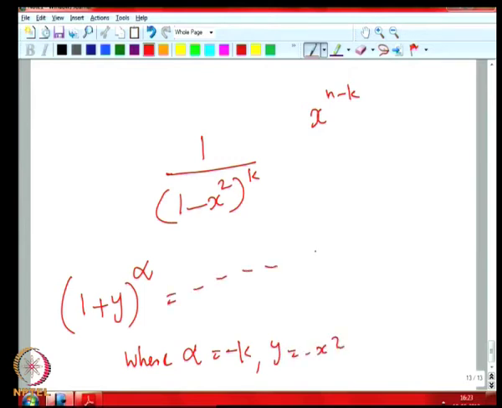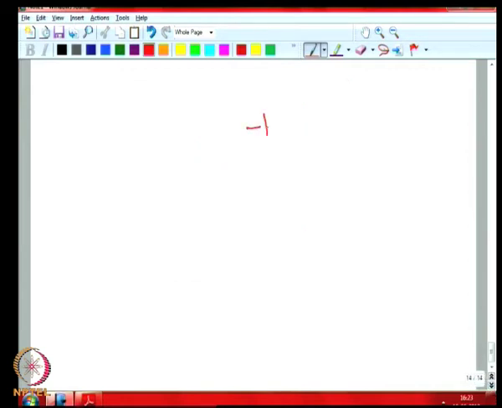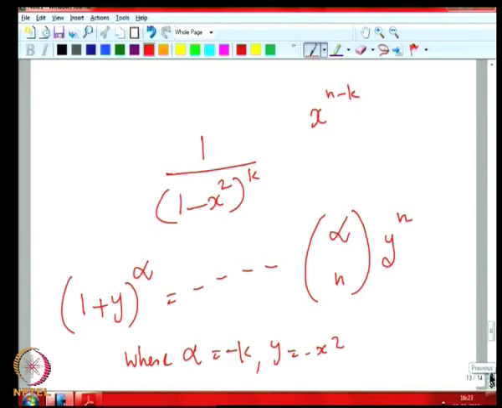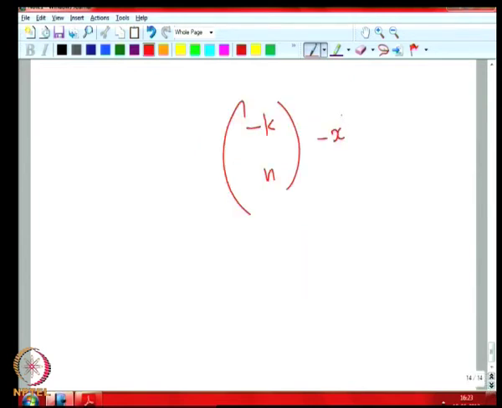Now, the nth term of this expansion is alpha choose n into y raised to n. Alpha being minus k, that will be minus k choose n into, substituting y equal to minus x square, minus x square whole power n. So, here we are getting x raised to 2n with a minus 1 raised to n and minus k choose n.